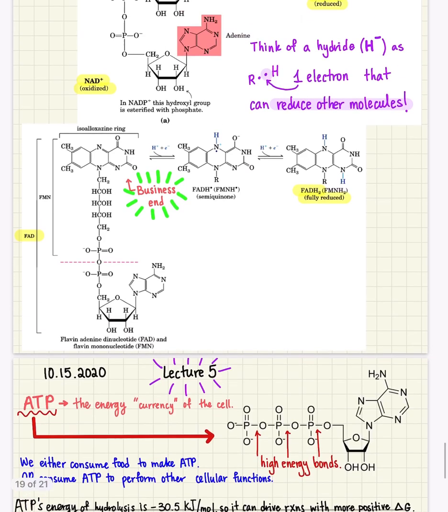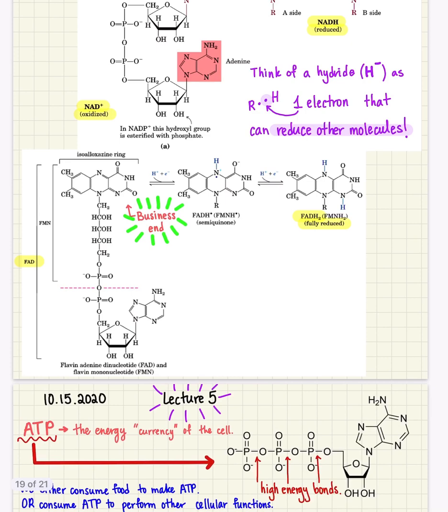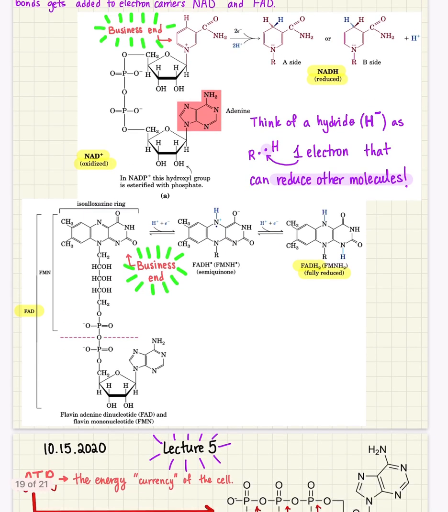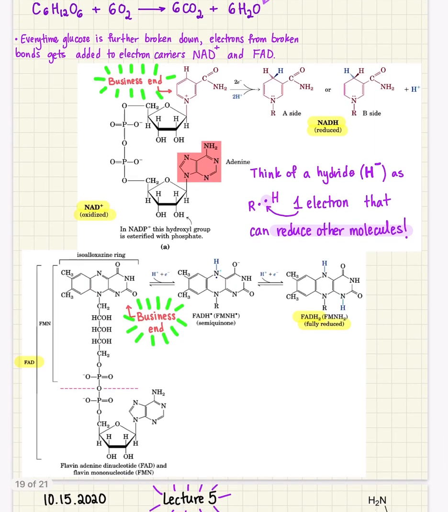Now, before we move on to lecture 5, I want to make sure you guys really understand why these electron carriers are important. Think of the electron carriers NAD and FAD as a car, and think of electrons as passengers.